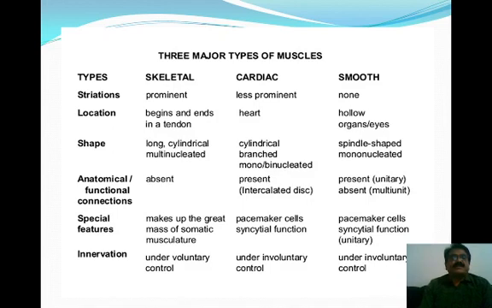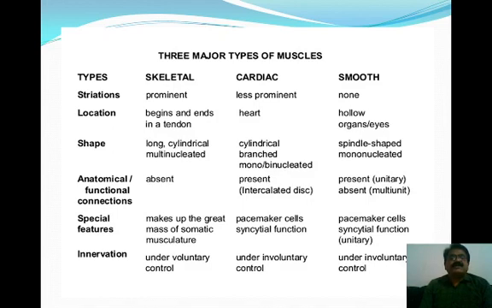Now the striations observed: in skeletal muscles we observe prominent striations, whereas in cardiac muscles there are fewer striations, and in smooth muscles there are no striations. Location is another important property observed in muscles.